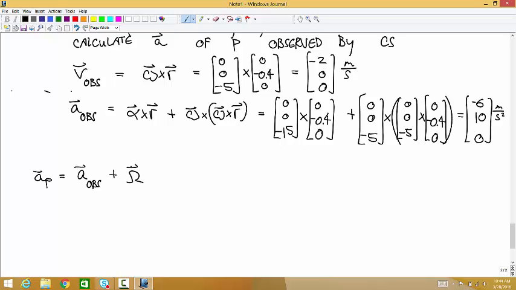plus the angular velocity of the coordinate system dotted, crossed with the position vector, plus 2 times the angular velocity of the coordinate system, crossed with the observed velocity, plus capital omega cross quantity capital omega cross p.